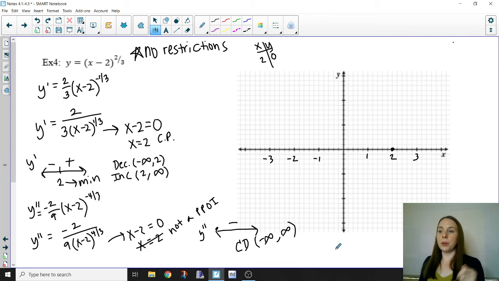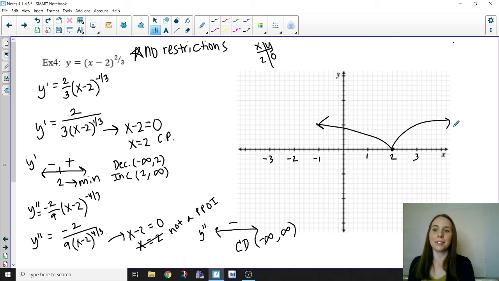Okay, so this is where we need to be able to draw a graph that is decreasing to this point, then increasing, but it's concave down, the frown, the whole time. That's your cusp. That's your seagull. Whatever you want to call it. There it is.